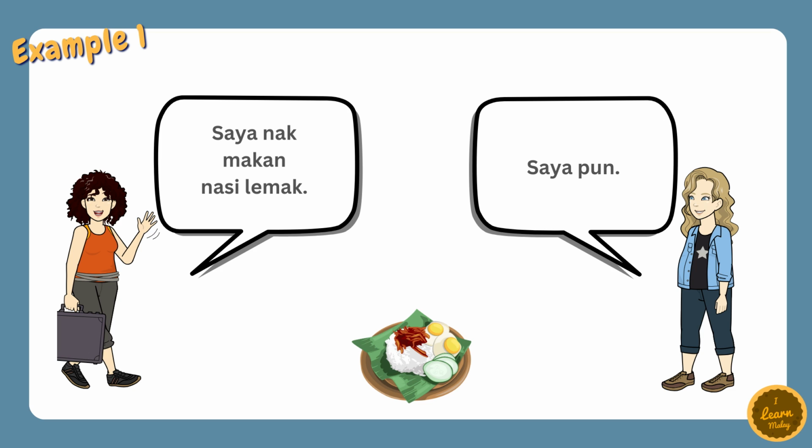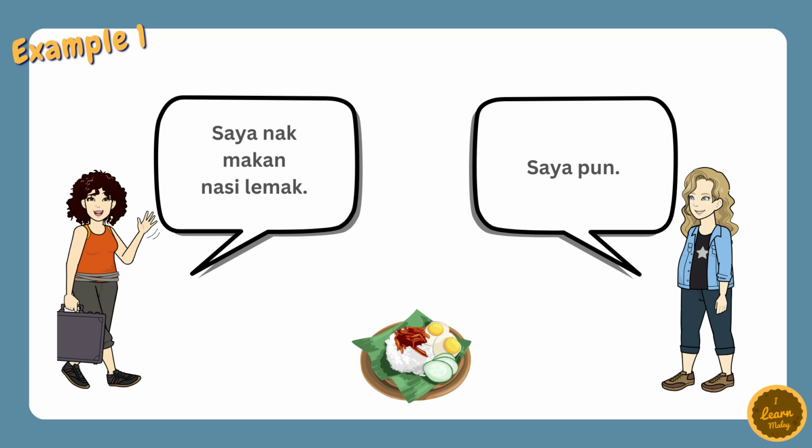The first example, here we have two ladies. They could be friends or colleagues. The first lady says, "Saya nak makan nasi lemak." Saya, I, nak, to want, makan, to eat.